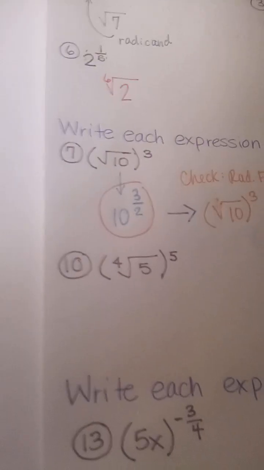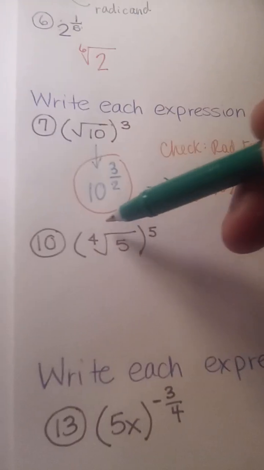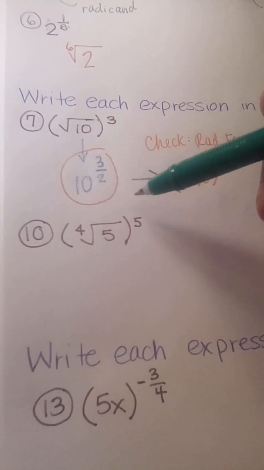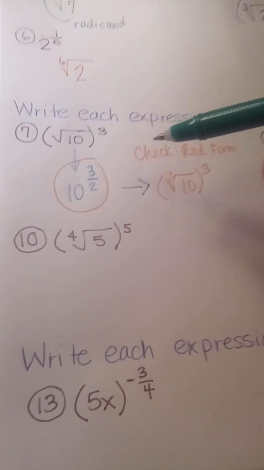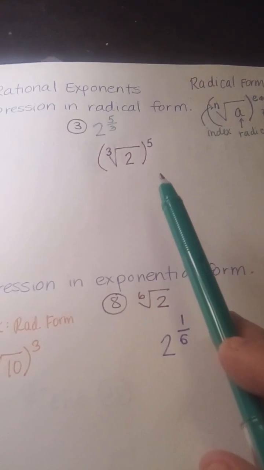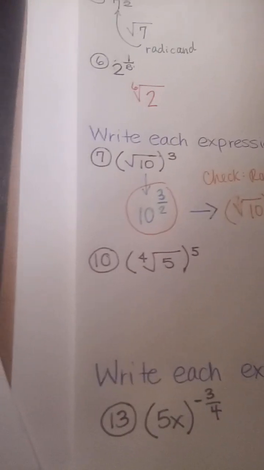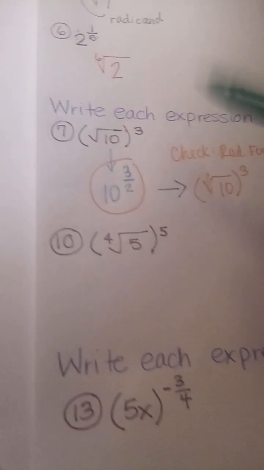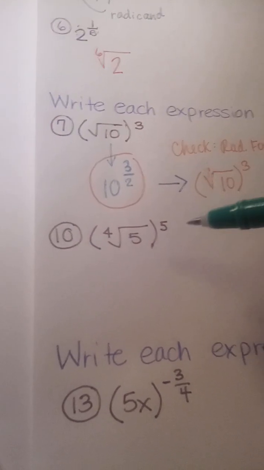Number 10. We have open parentheses, square root, the index is 4, square root of 5, close parentheses, to the 5th power. All right. It's something similar to the previous one, like number 7. So let's do this as the exponential form. What is the base?